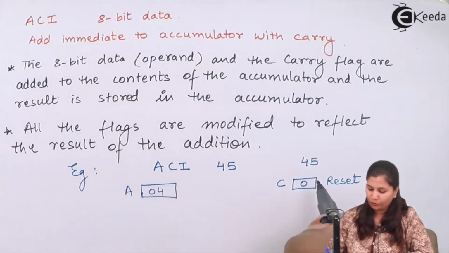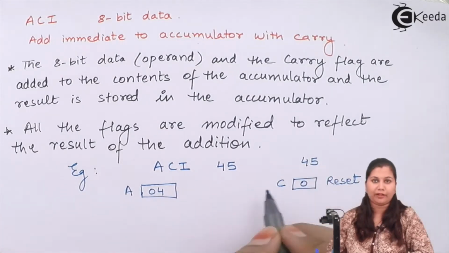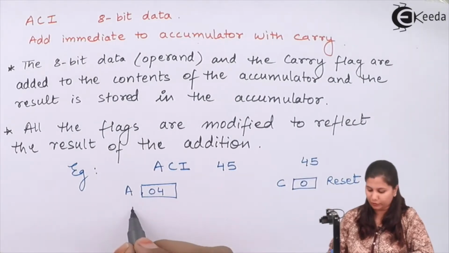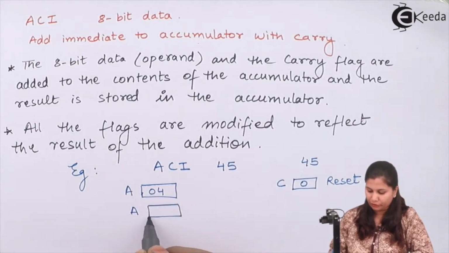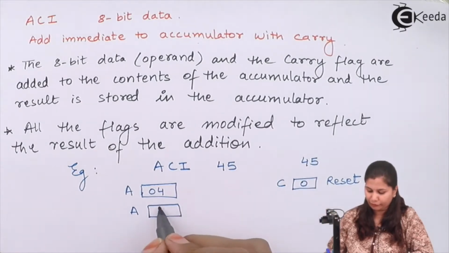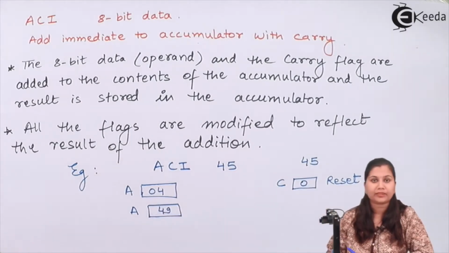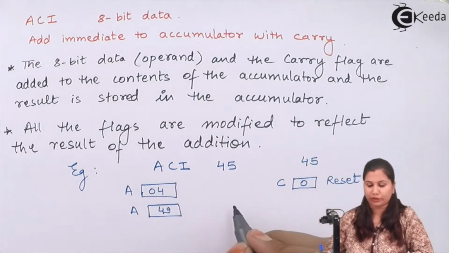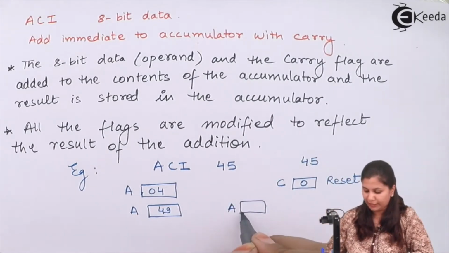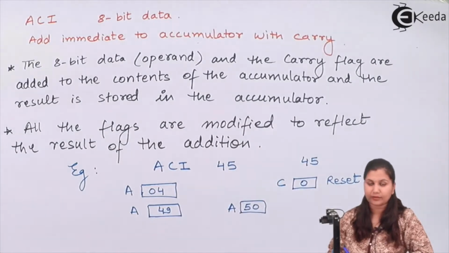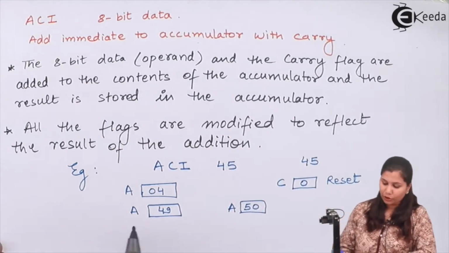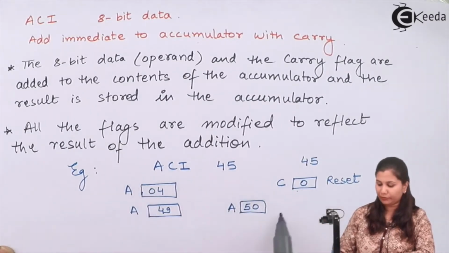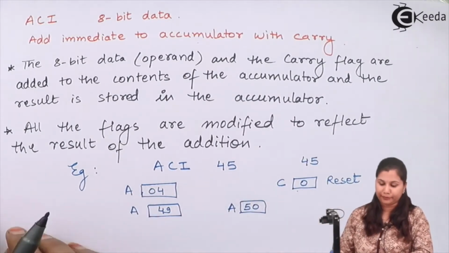Then 4 plus 0 plus 45, all these three will be added and the result will be stored in the accumulator. So in the accumulator we will get 49. If it is 1, then 4 plus 1 plus 45, and the accumulator will have 50. Okay. So this is how the carry flag, the immediate data and the accumulator are added up.